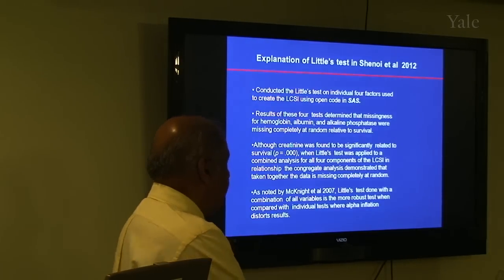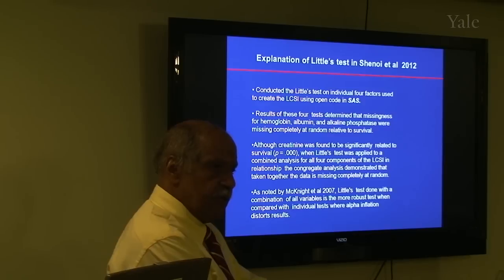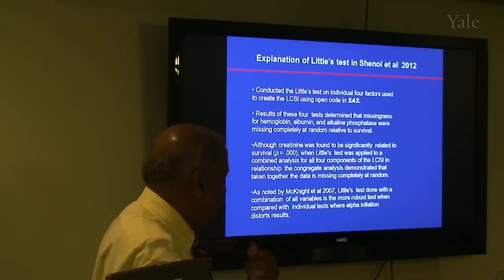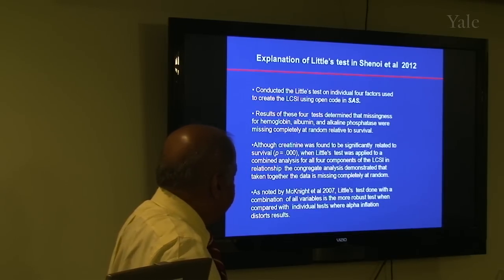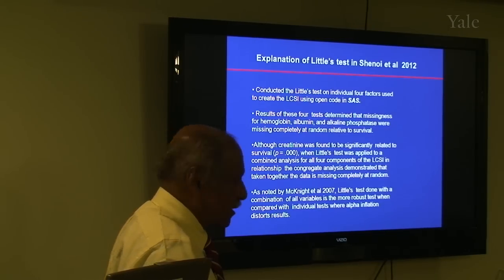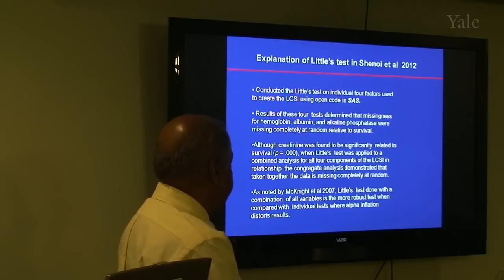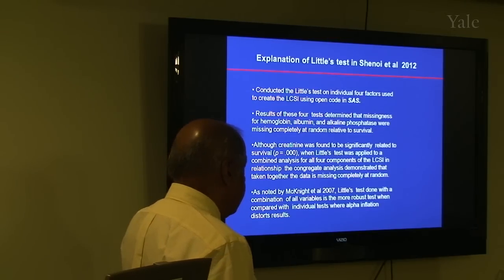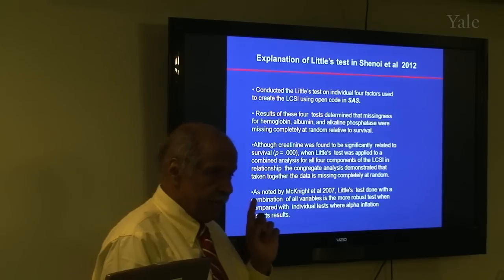For example, in a paper I was a co-author on with Sheila Shenoy from Jerry Friedland's group, we had plenty of missing data in a South Africa study, and we conducted it on 4 individual factors to create what was called a laboratory clinical severity index. We determined that the missingness for hemoglobin, albumin, and alkaline phosphate were missing completely at random. Creatinine was not.